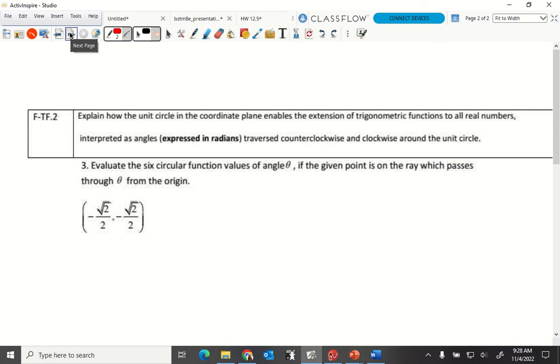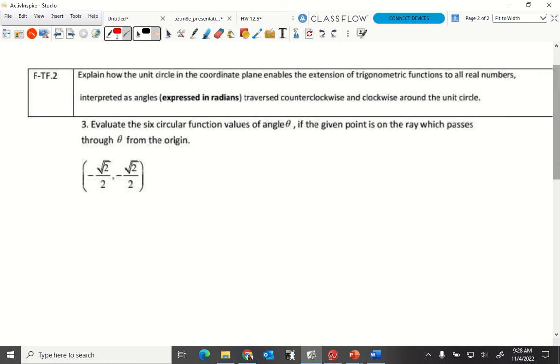Evaluate the 6 circular functions of angle theta given points at which the ray passes through theta from the origin. This should be pretty super easy. What is cosine here? Cosine is just x. And so that's going to be negative rad 2 over 2.